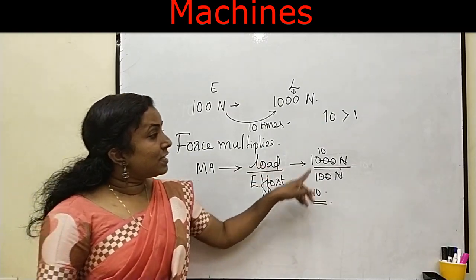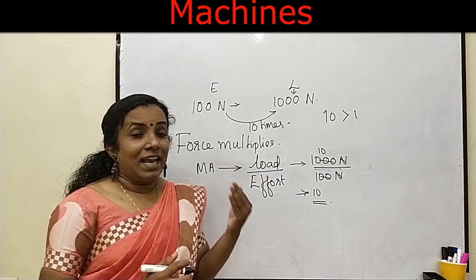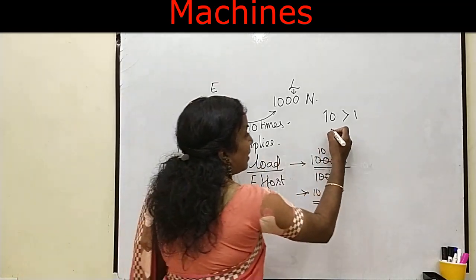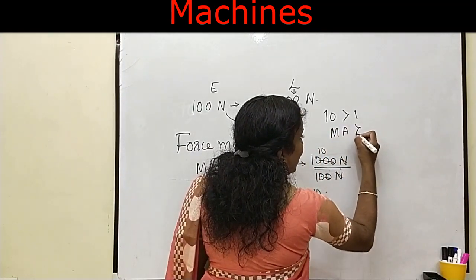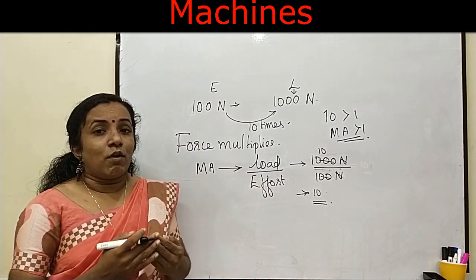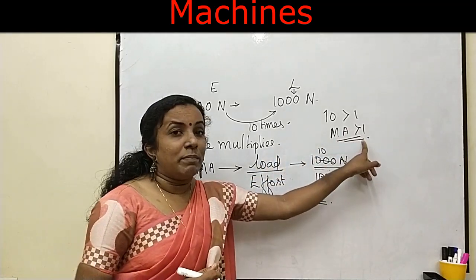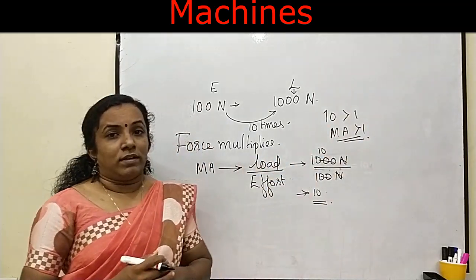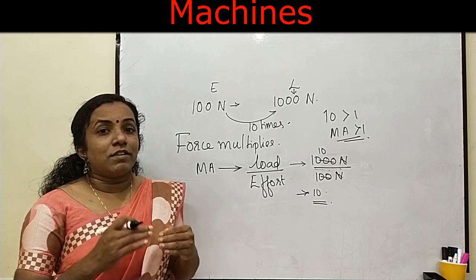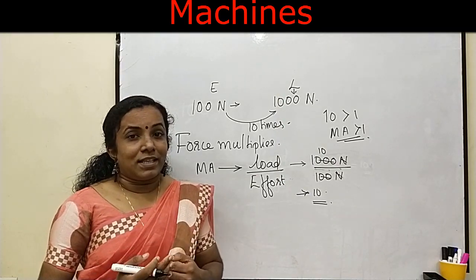So this 10 is greater than 1, and so mechanical advantage can be greater than 1 here. So in all the force multipliers, the mechanical advantage will be greater than 1.